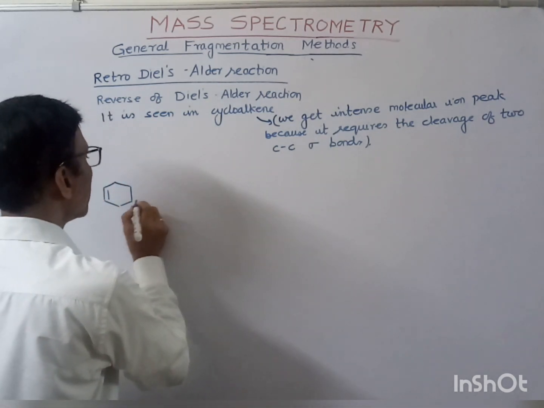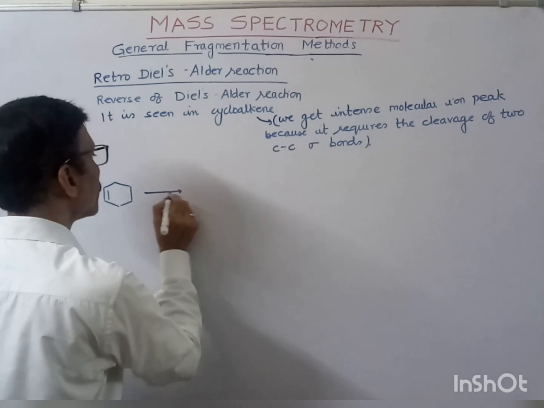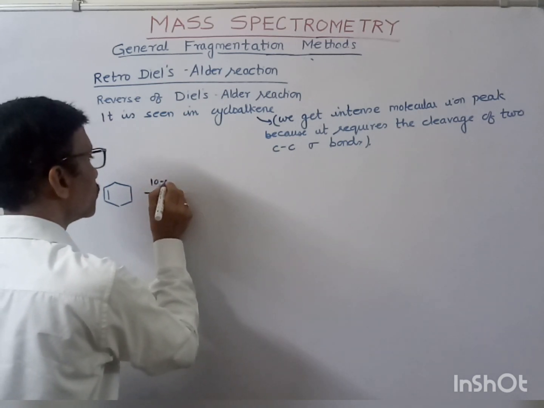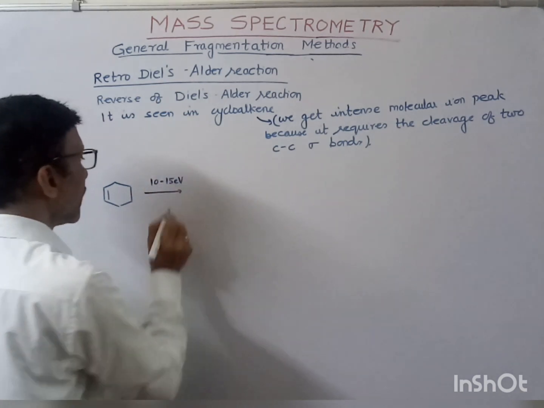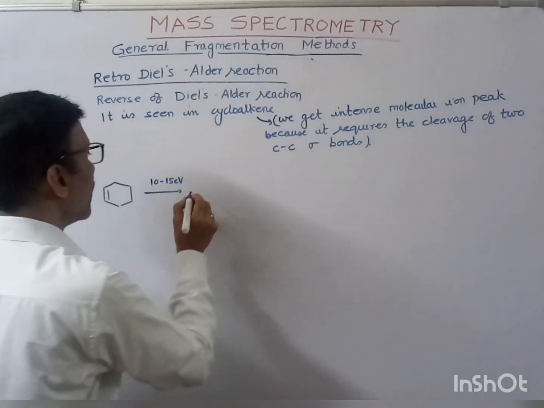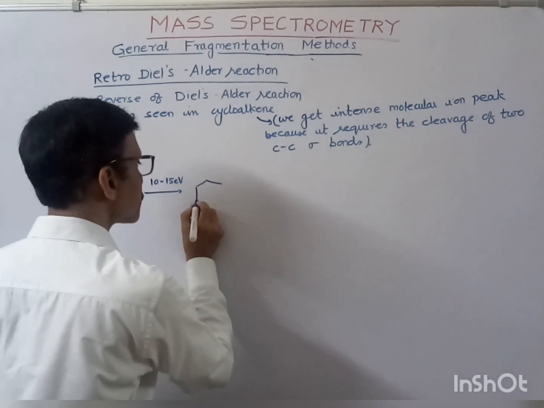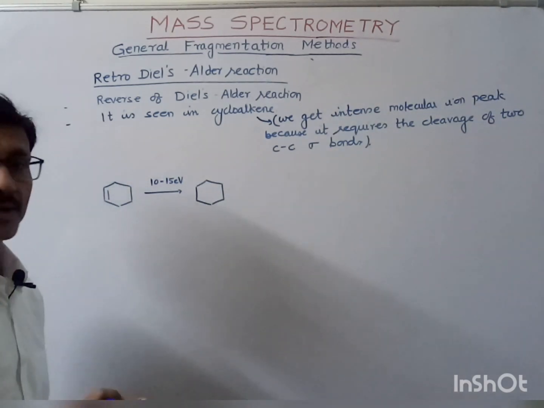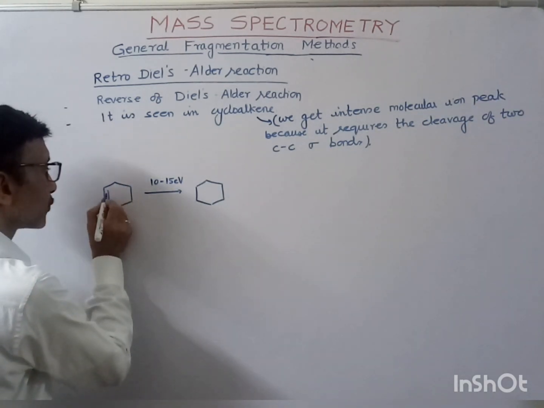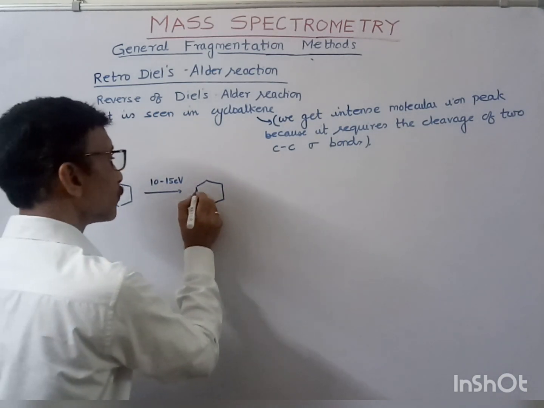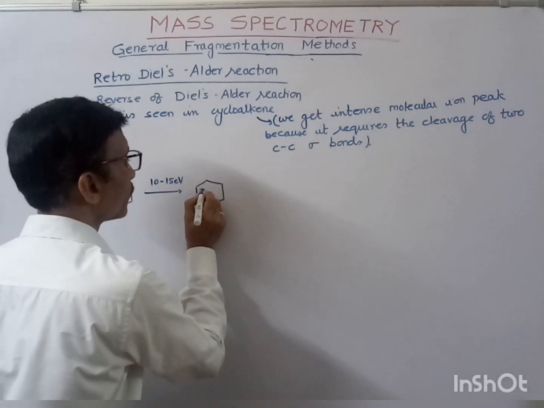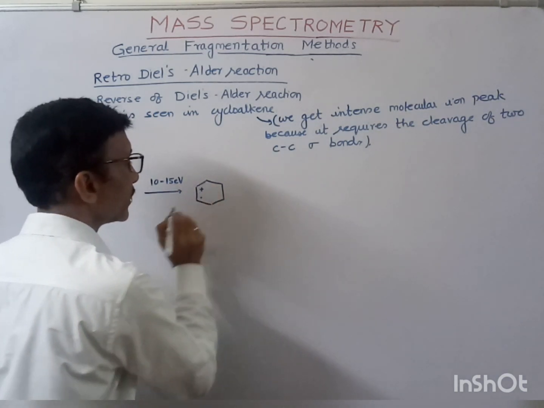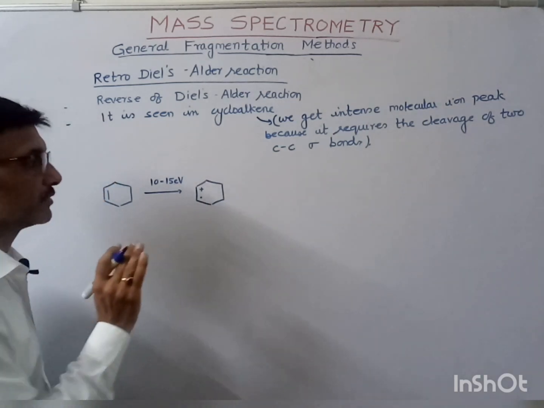So after the removal of one electron, from 10 to 15 electron volt, first ionization will take place, and one of the most loosely held electrons will be removed. So this pi electron is the most loosely held electron. If one electron is removed, then a positive charge and one radical will come. So this is the radical cation which is formed.